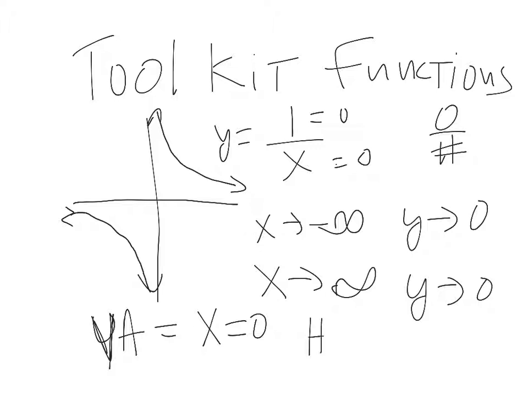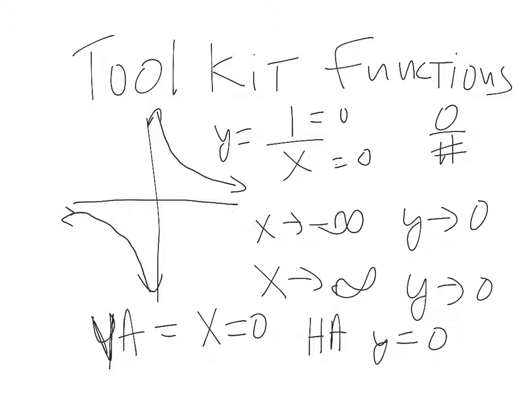The other thing is there's a horizontal asymptote, describing what's happening out here at infinity. The ending behavior of these rational functions both approach 0, so the horizontal asymptote is the line y equals 0. We're going to learn some tricks about this as we go.